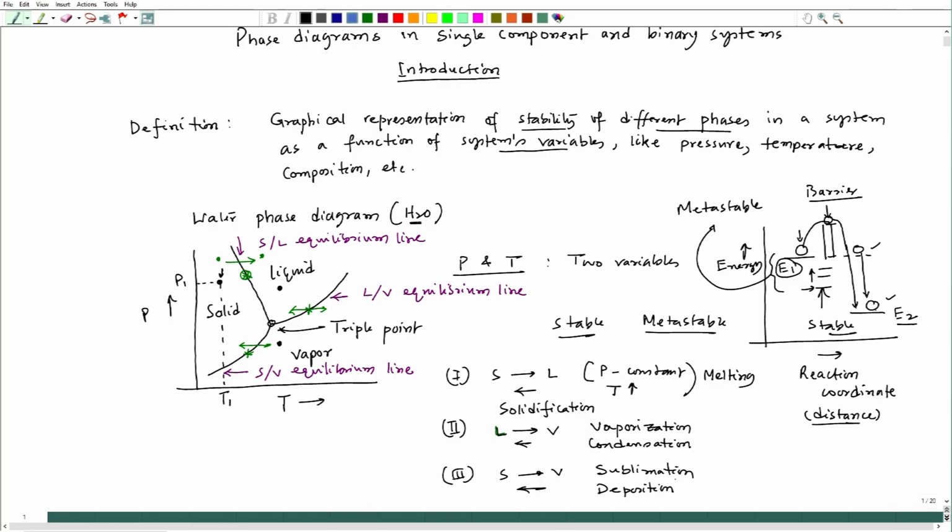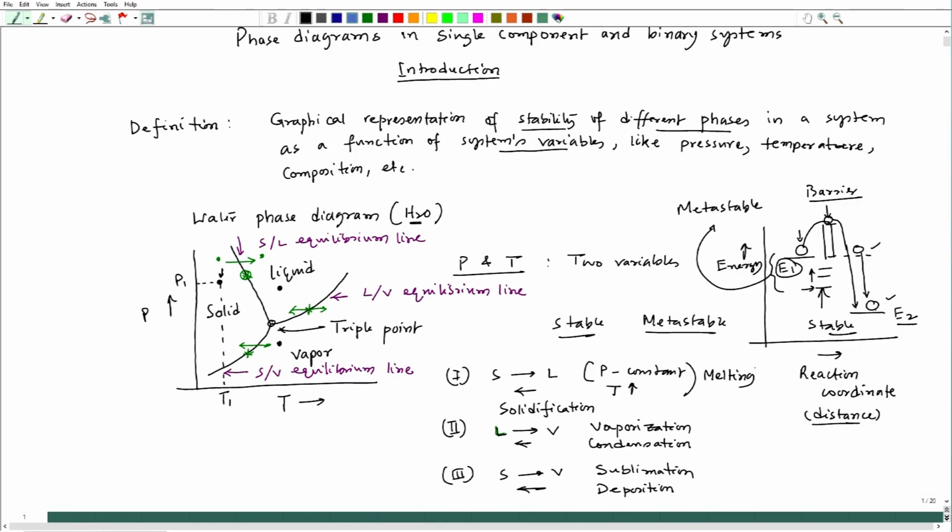Fine. So, I could see that if I have an understanding of the system variables, then I can change one of the system variables, fixing another, and then we can get from one phase to another phase, and these are all called phase transformation.